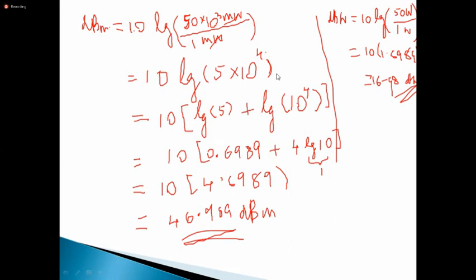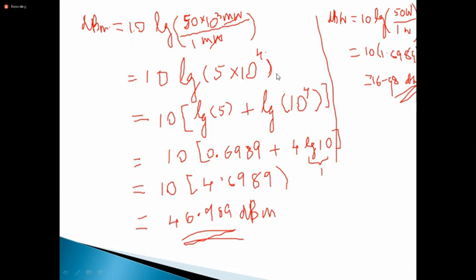at a free space distance of 100 meters from the antenna.